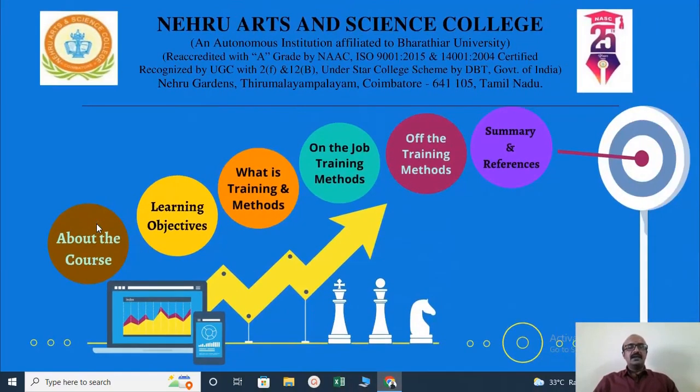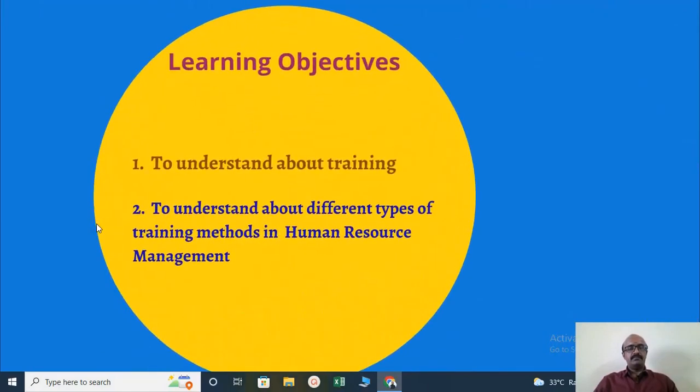First we can see the learning objectives. First, to understand about training. Second, to understand about different types of training methods in human resource management.